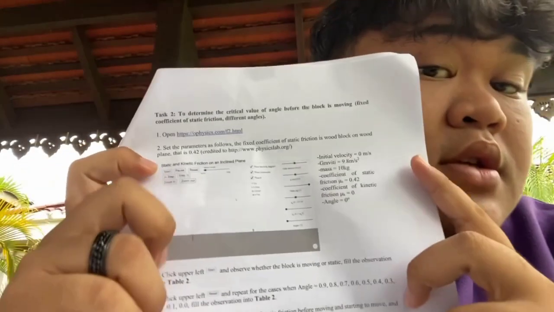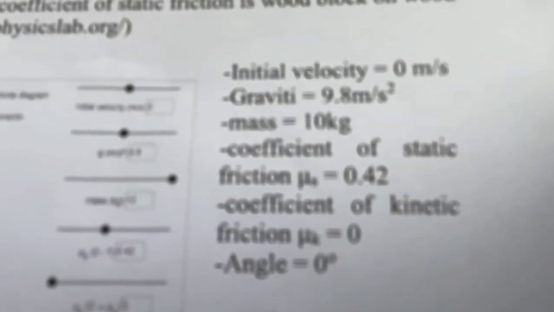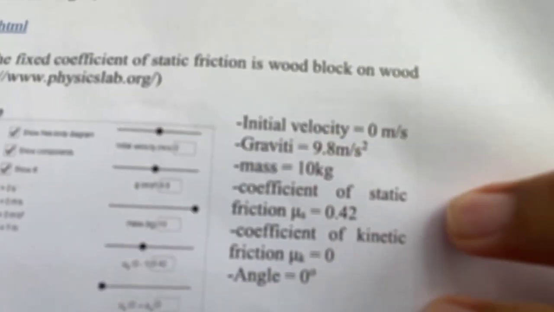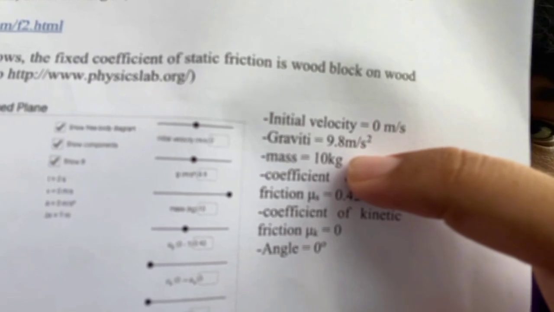Next, I will teach you how to use this application to find static and kinetic friction. First thing first, you must follow the initial velocity and gravity, and put them here. For example, initial velocity as 0 m/s, you put in 0 m/s.